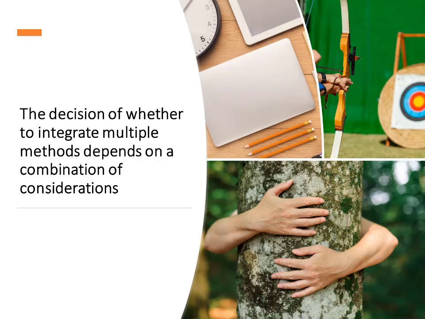The overarching premise is that the combination of two or more methods should facilitate the achievement of research objectives. The decision to integrate multiple methods depends on a combination of the research objectives, the resources and time available, your philosophical assumptions, your knowledge of research methods, and your personal style and preferences.